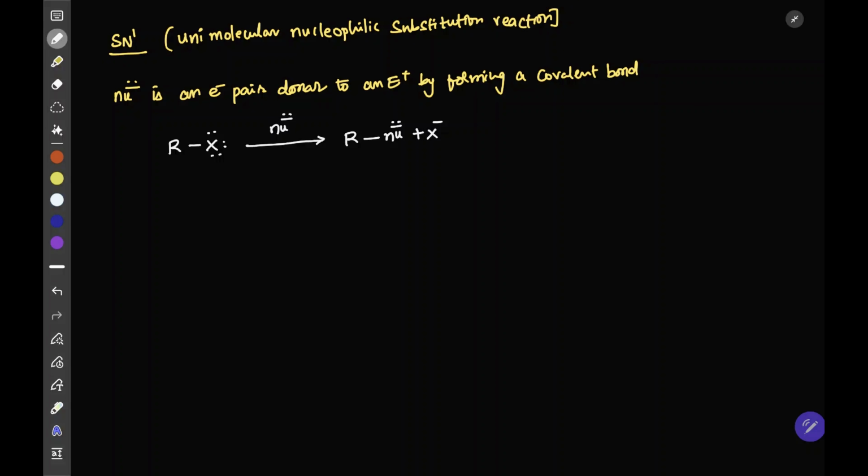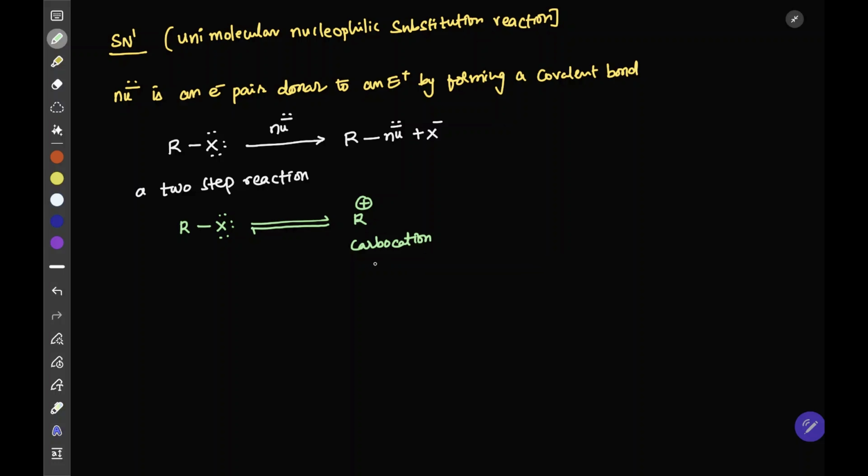It is basically a two-step reaction. In the first step, the halogen group leaves, so that we get a reaction intermediate called a carbocation intermediate.